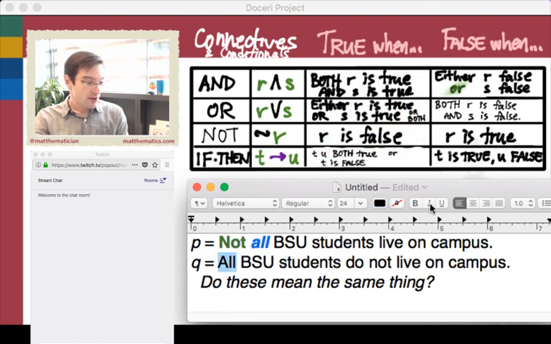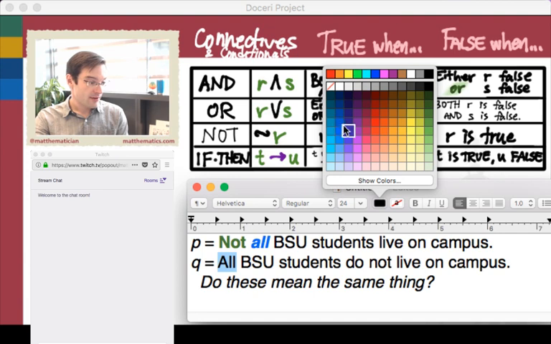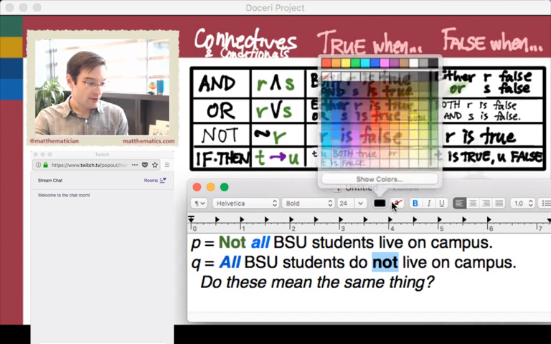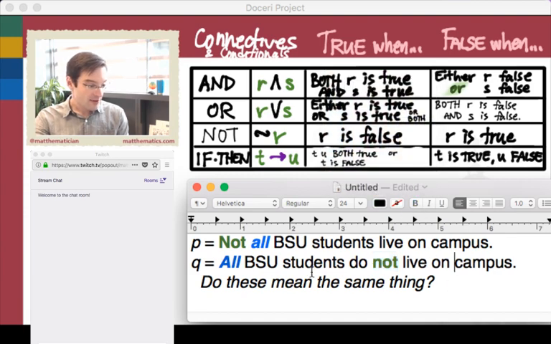And likewise, Q has that all quantifier sitting out here, and it also has this not sitting over here. So it even has the same quantifiers, and it seems as though it has the same logical proposition connected together with those quantifiers. The only difference is the order in which those operations have appeared, right? Not all versus all not. Do those mean the same thing?